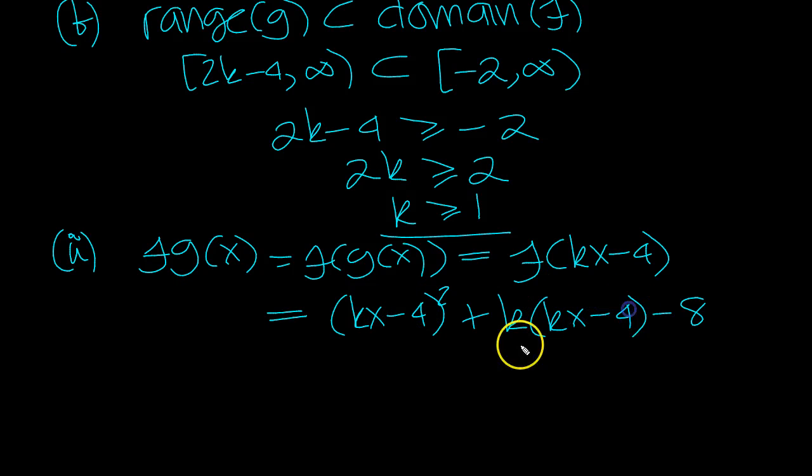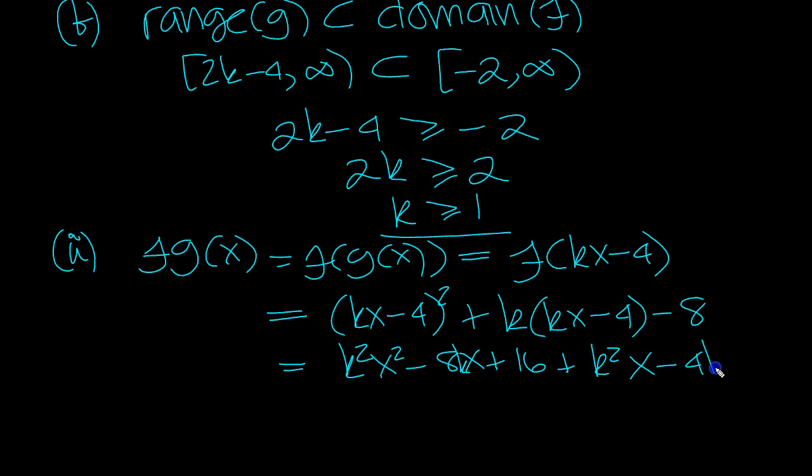So (kx minus 4) squared. Expand the bracket, we get kx times kx, minus 8kx for the two middle terms, plus 16, plus k squared x minus 4k for these two, minus 8. So what do we get?